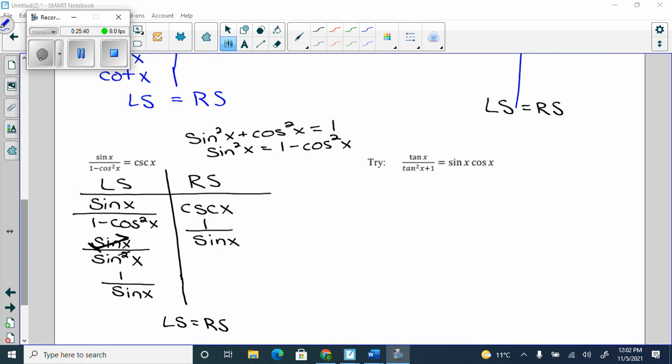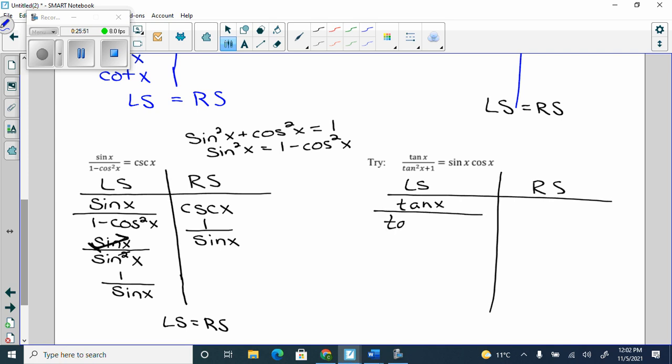Okay? So, we're going to have left side, right side. Please make sure you're rewriting the question: tan x over tan squared x plus 1, because this is what we're proving. Tan x, for me, is sine x over cos x, divided by, what's tan squared x plus 1 equal to?